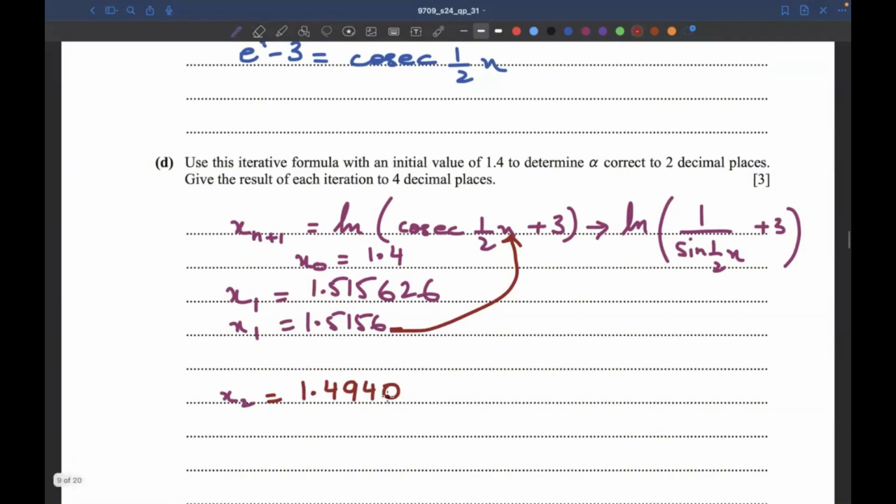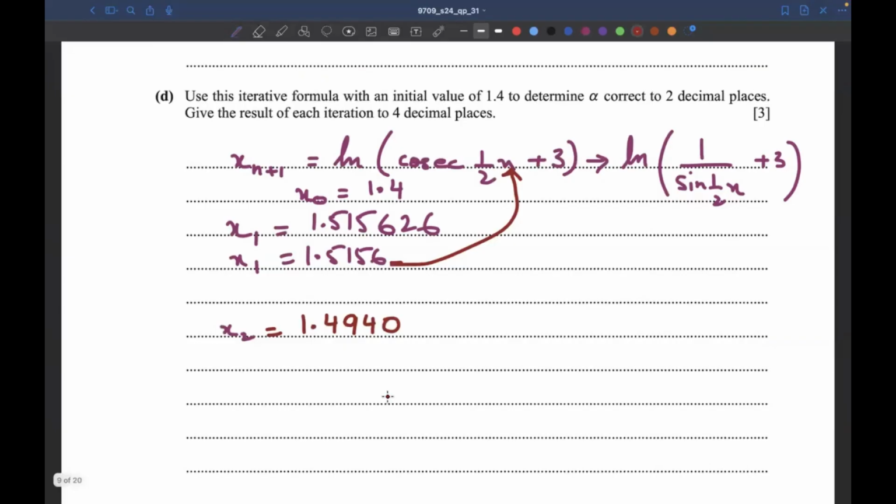Now substituting this again into the equation, sine of answer, 1 divided by answer, plus 3, and then ln of answer, we are getting 1.497779. So this will become 1.4978.